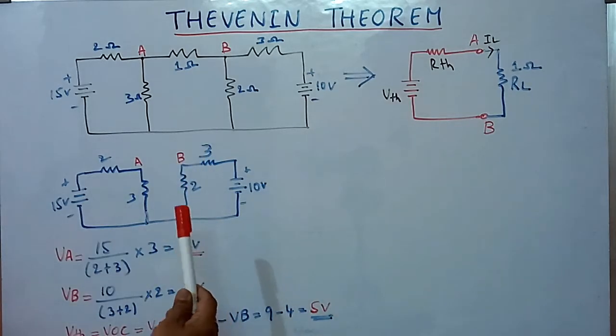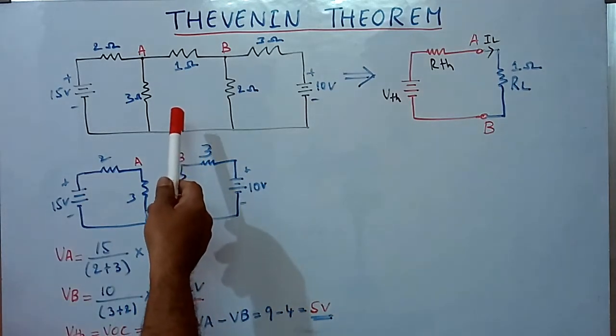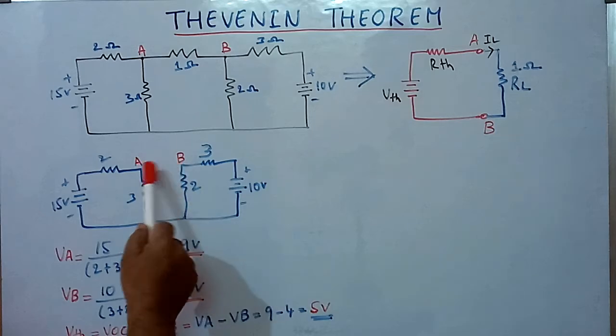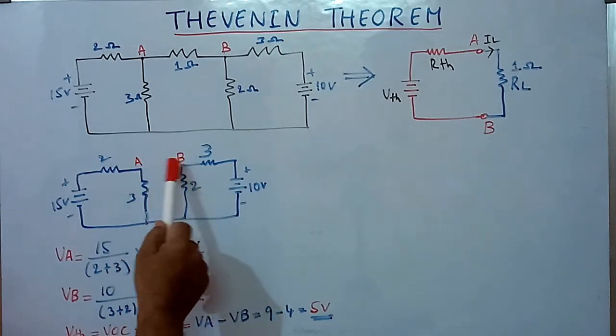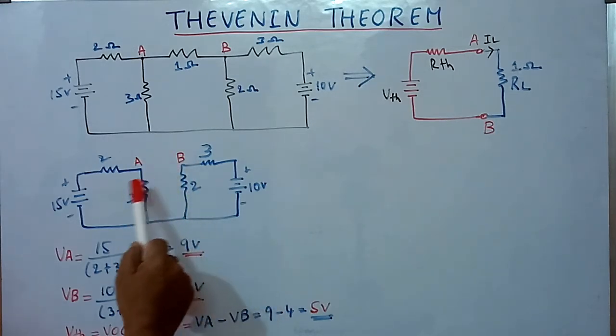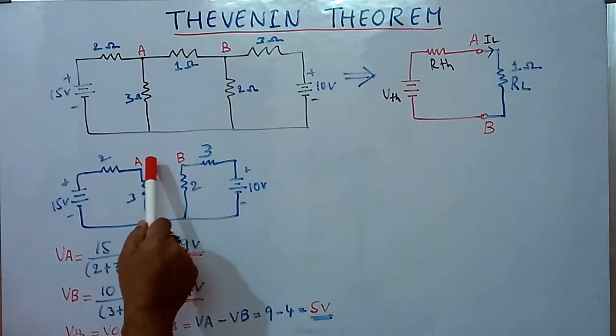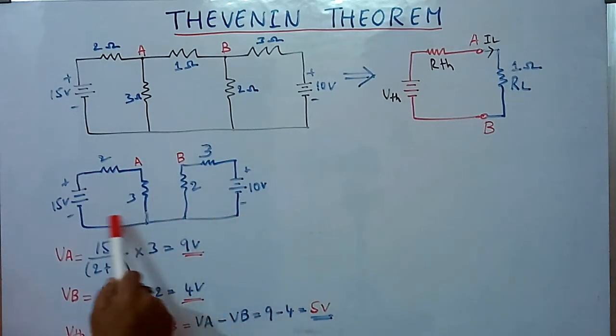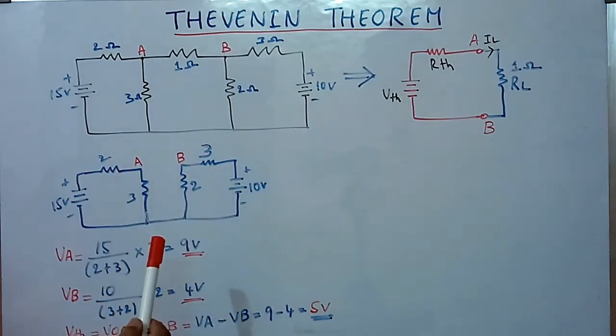Now, the first step in Thevenin's theorem, we need to remove the load resistance between the terminals A and B, and here the load resistance is removed as shown in this network diagram.